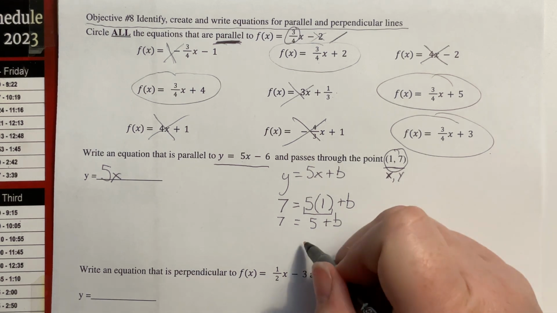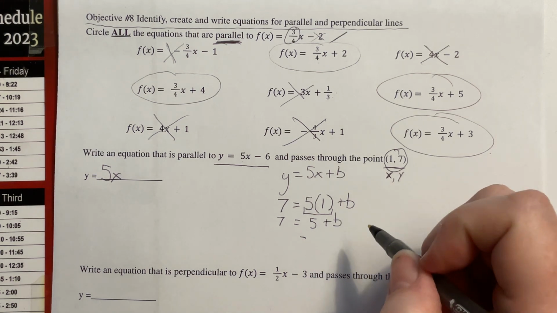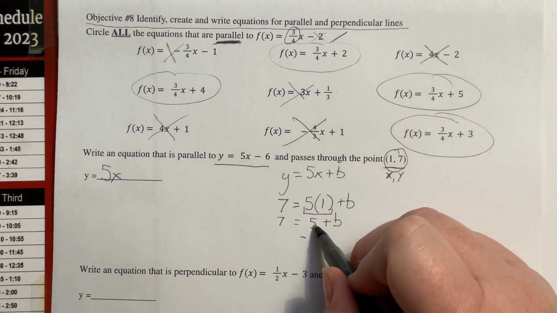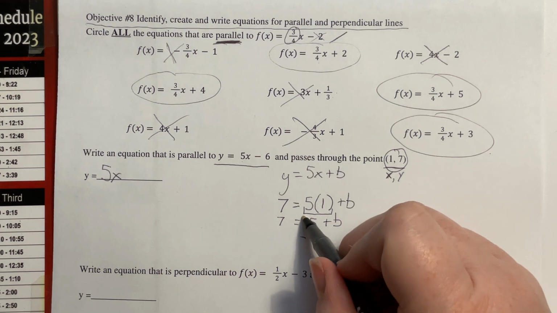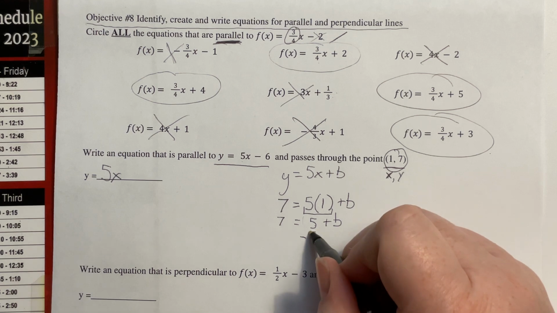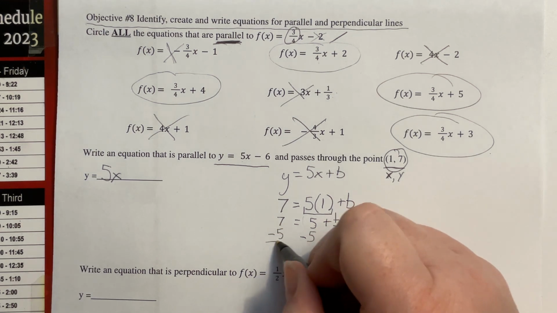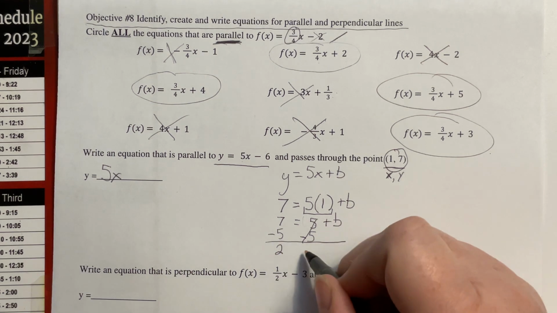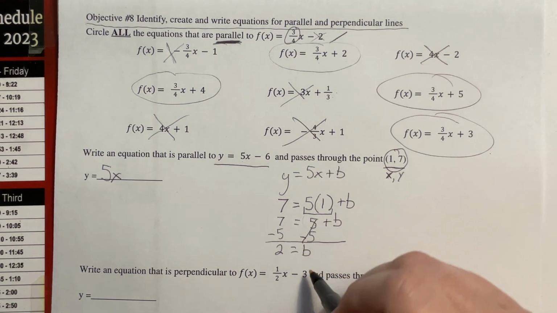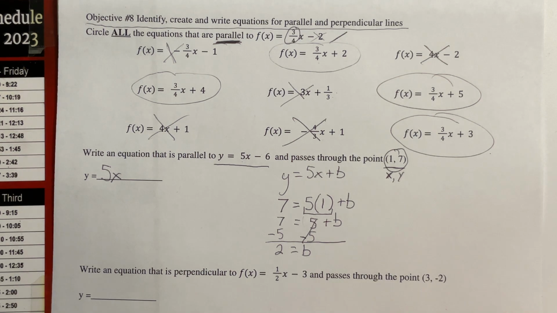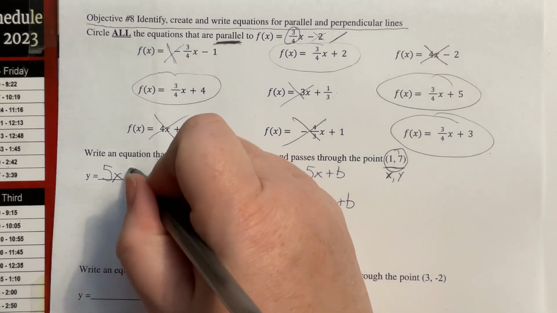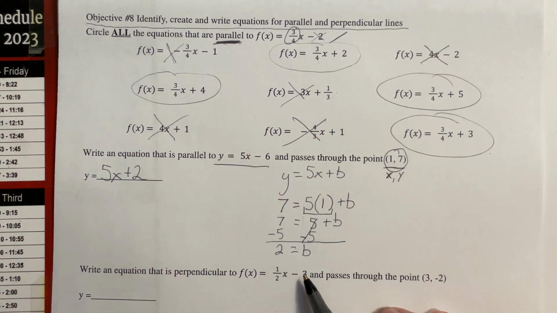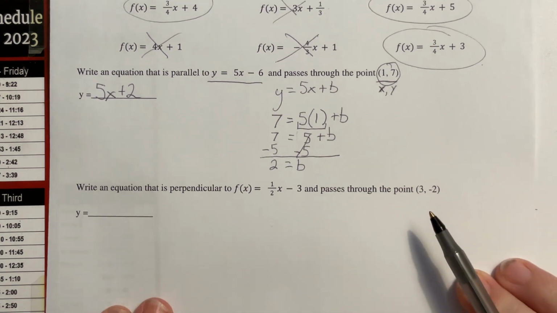Yes, I know you can do that in your head, but we're going to do it anyway because maybe you won't be able to do it in your head on the test. Opposite of plus 5, because we know it's a plus, there's nothing here, is minus 5. Minus 5 on both sides. We have 2. 7 minus 5 is 2 equals b. So our 2 goes right up here. Plus 2. And that's our answer. Easy peasy, lemon squeezy.